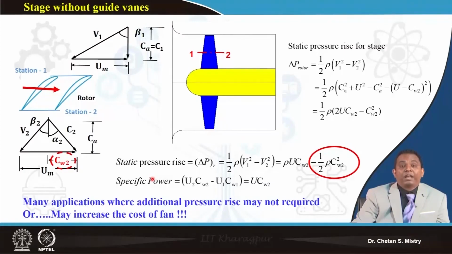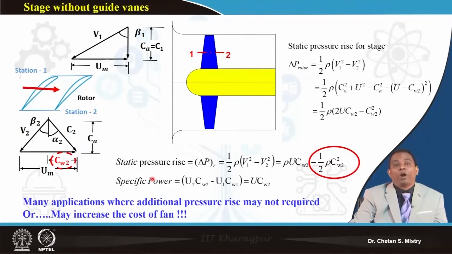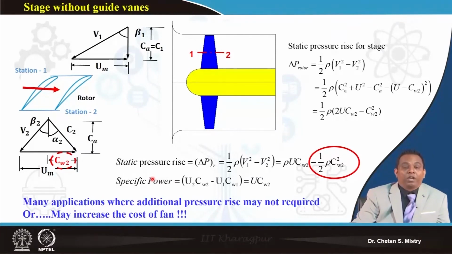You know, there are many industrial applications where additional pressure rise may not be required. You are not looking for pressure rise, and it may increase the cost of your fan. Just look at, suppose you have an exhaust fan.